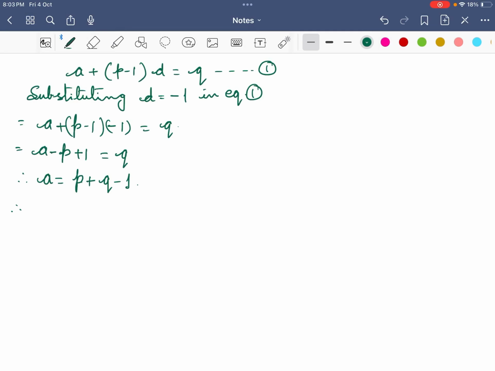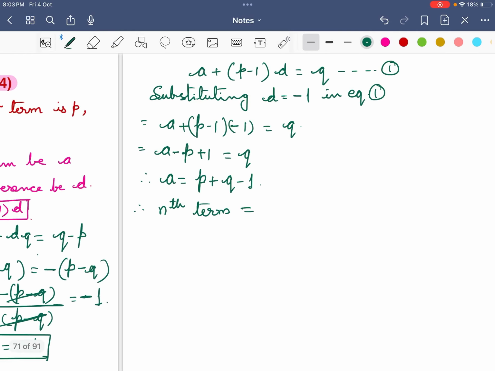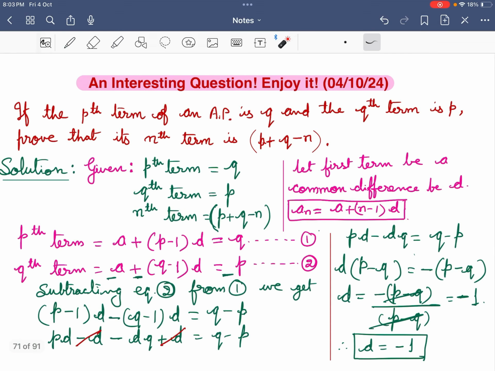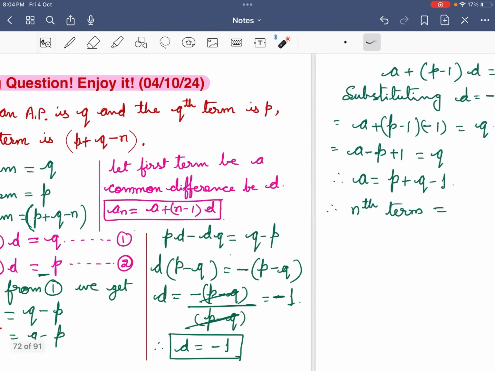Now I can find out, therefore, nth term. We know the formula. Nth term is equal to, this is the formula. A we got now, a I took out. So a plus n minus 1 into d also we are having. Let us find out the nth term. Okay, and we need to prove nth term is this one. That is our question.